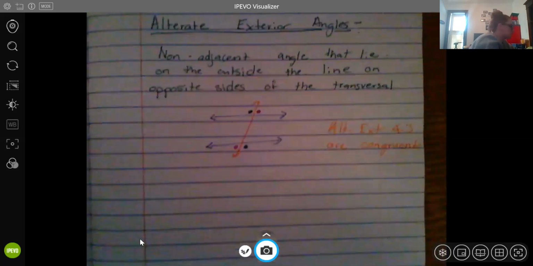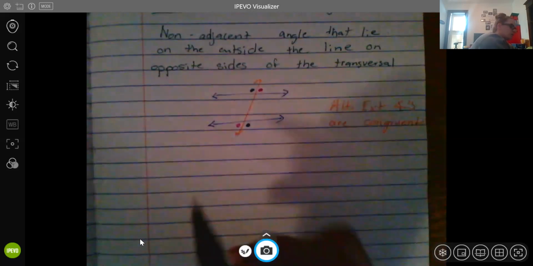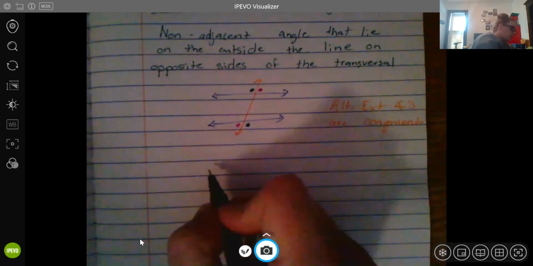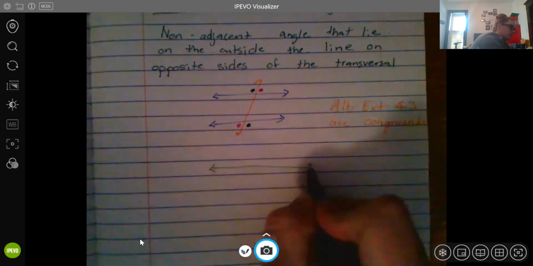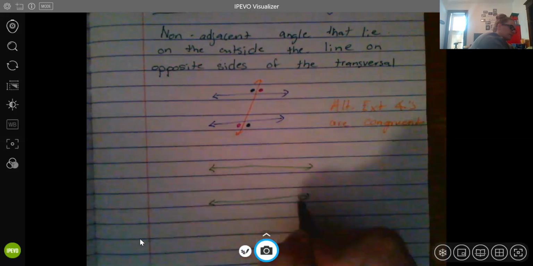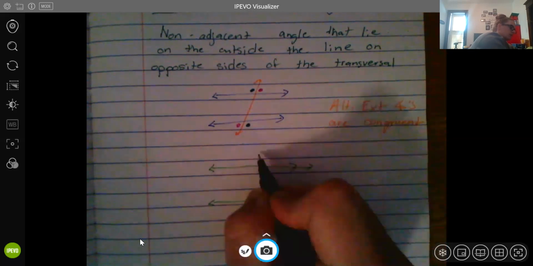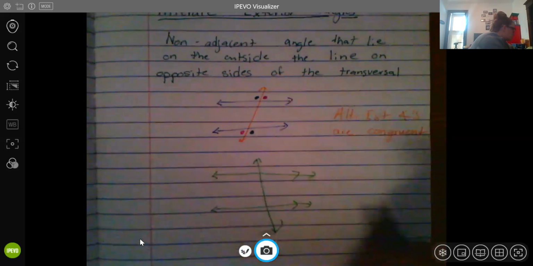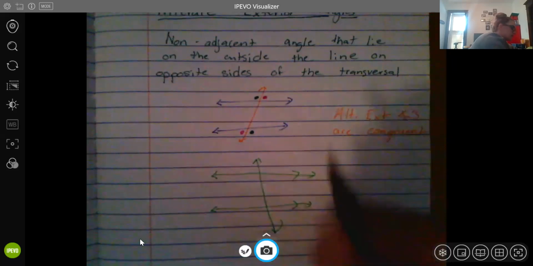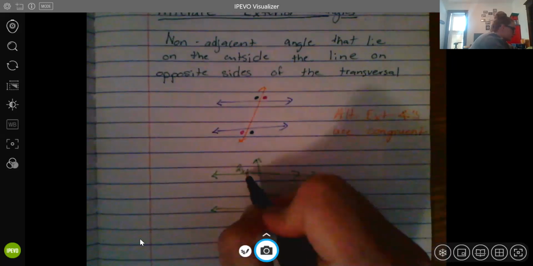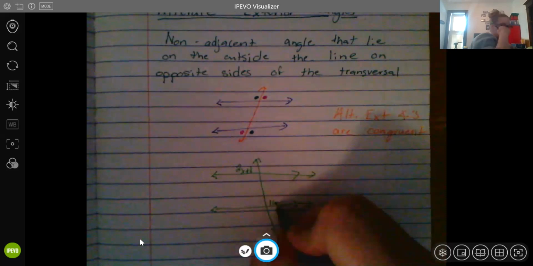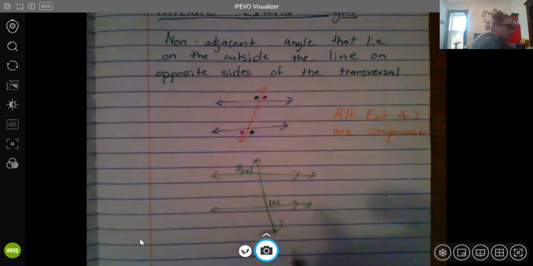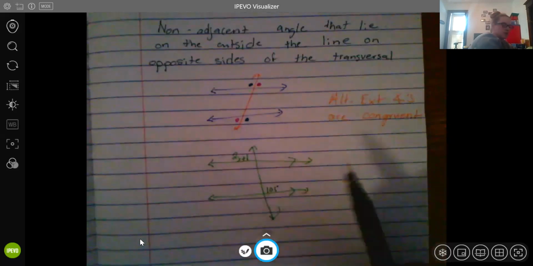All right, so let's go ahead and look at an example. Now that orange statement, remember, holds true for parallel lines when we have a transversal cutting through parallel lines. So I'm going to make my lines parallel, drop in my transversal. All right, so 2x plus 1. And this time, we're going to use a little thought process. I have my 101 up here. Now, this does not make these two alternate exterior.